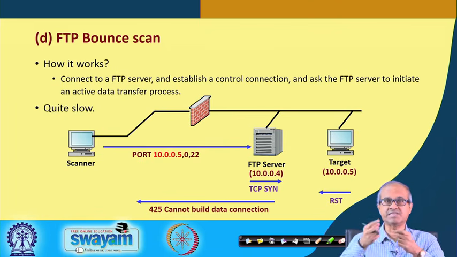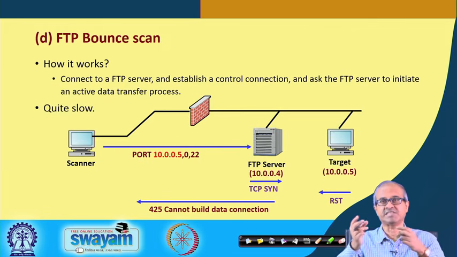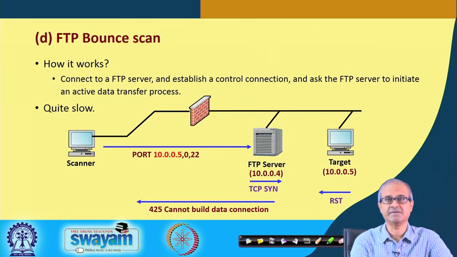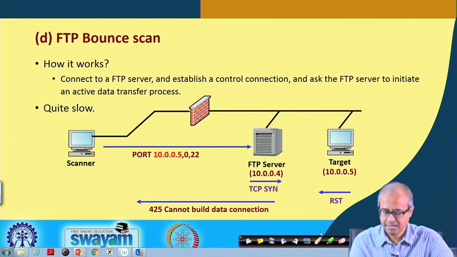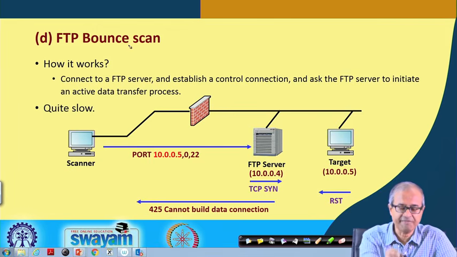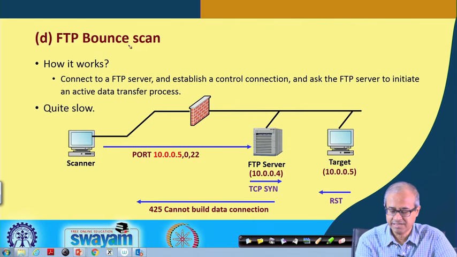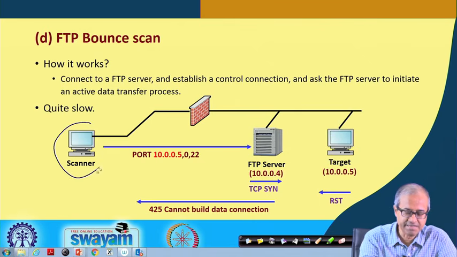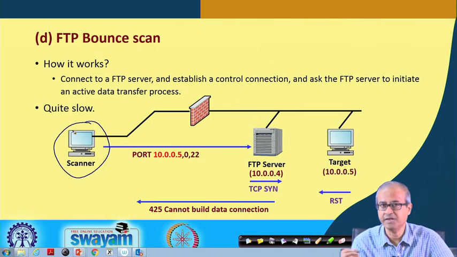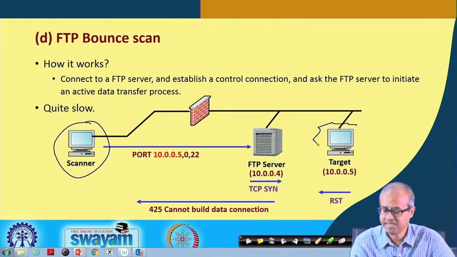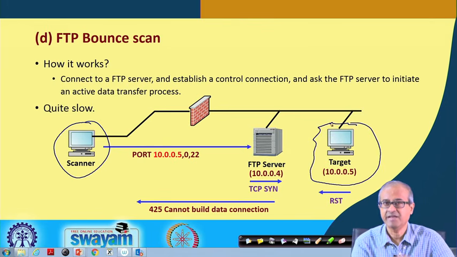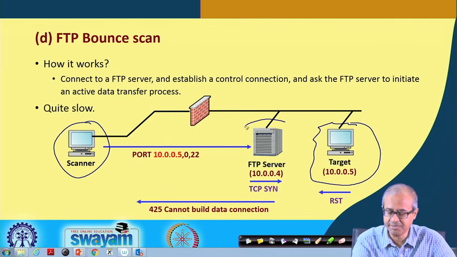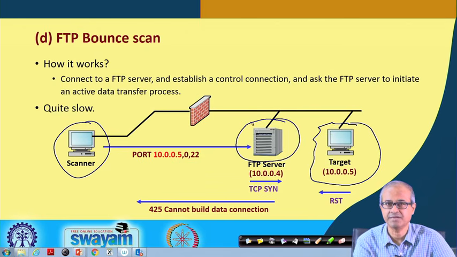Control connection is established to send the FTP commands, and the data connection is established to actually send the data. Okay. Now, the idea behind FTP bounce scan is, suppose the scanner is trying to mount some kind of a discovery exercise on a target, and it is utilizing an intermediate FTP server for doing that.